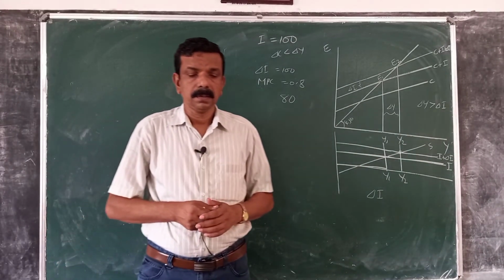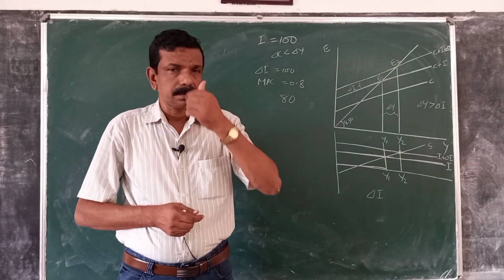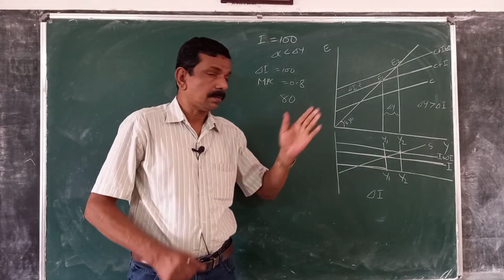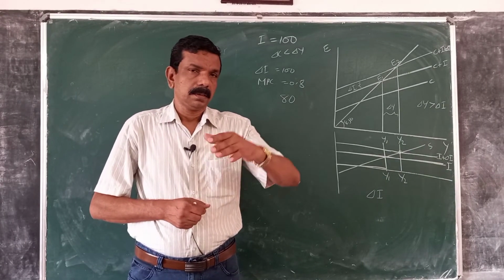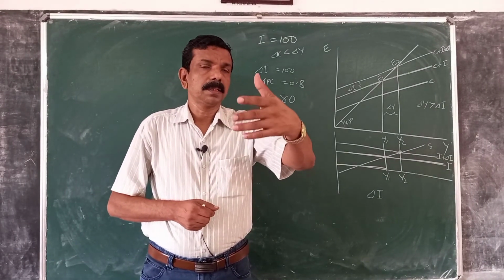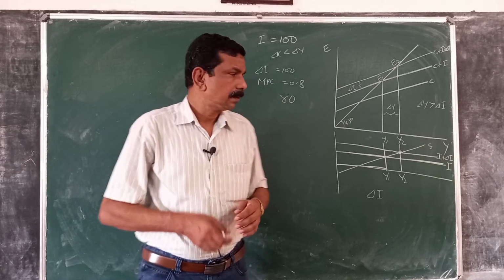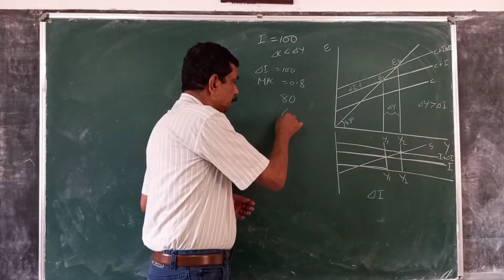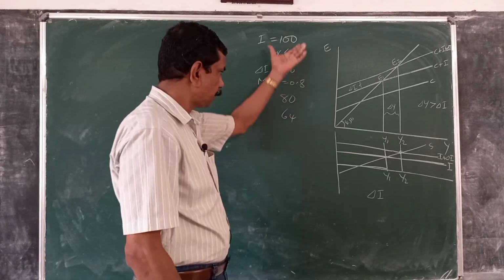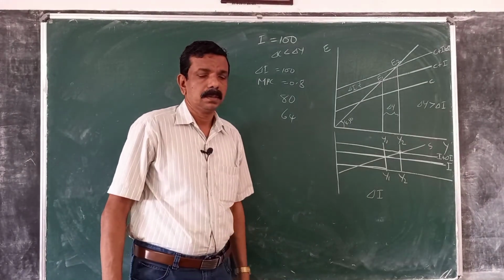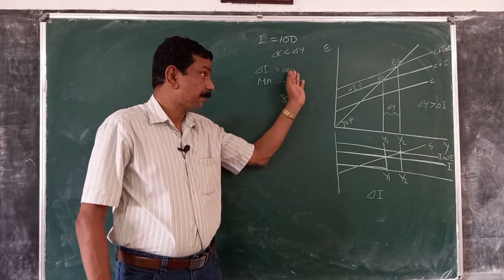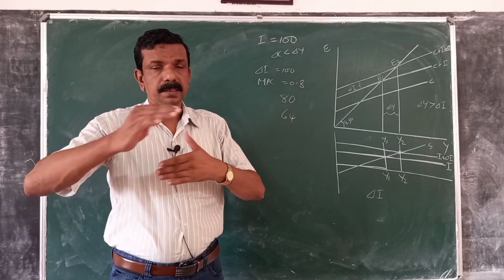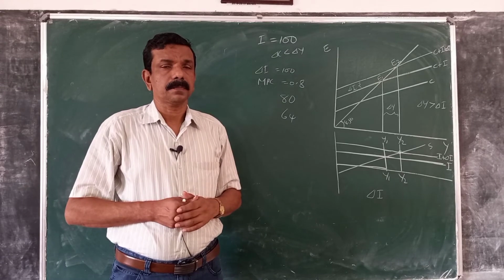80. This generates a second round of increase in production. Again, income increases. Then consumption increases by 64, like that. And this process will go on until the impact of an initial increase in investment is spread all over the economy.